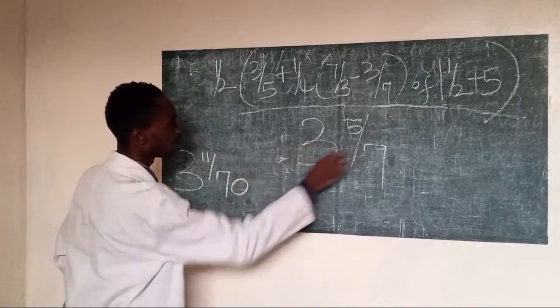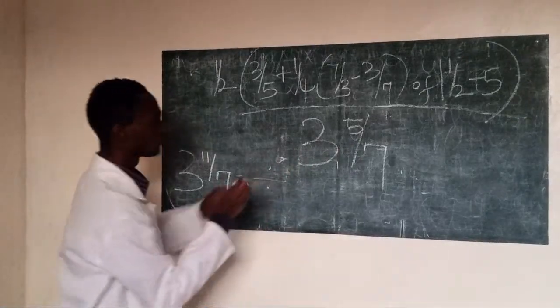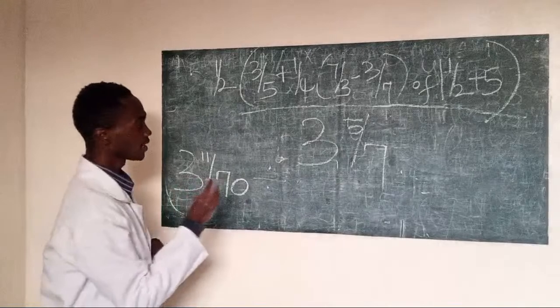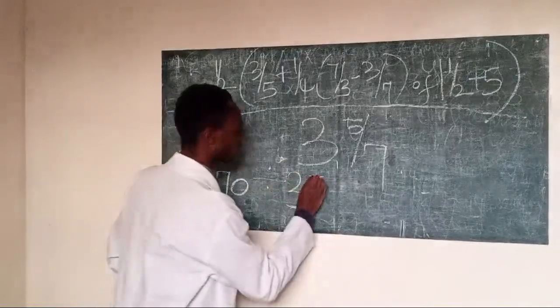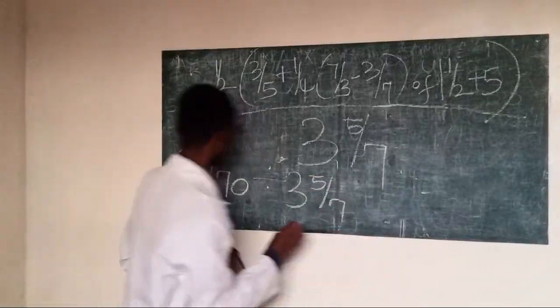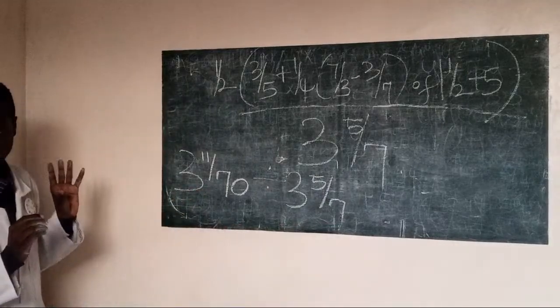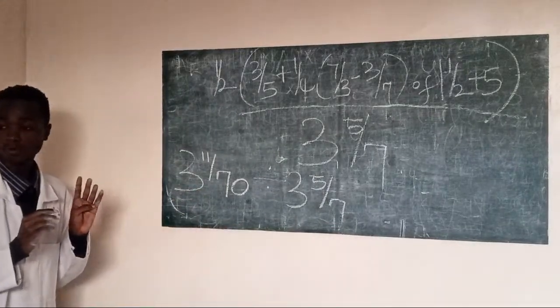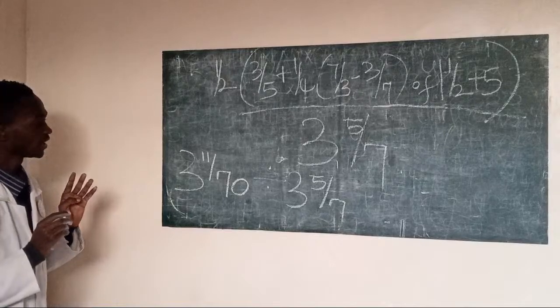I am dividing by 3 whole 5 over 7. 3 whole 5 over 7. Because I know I cannot divide it when it is like that, I convert into improper fraction.